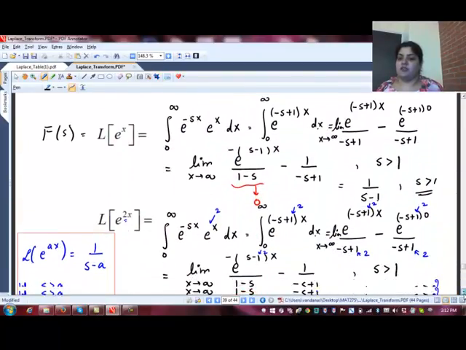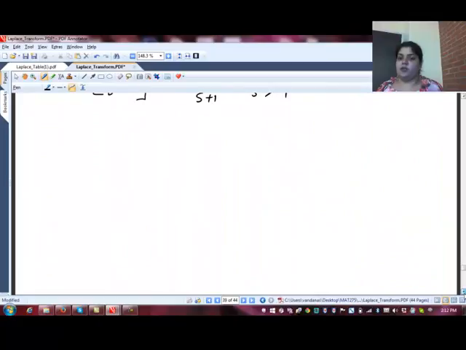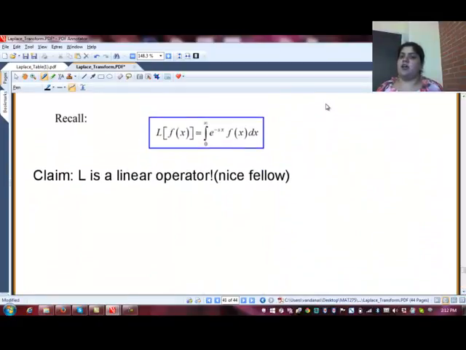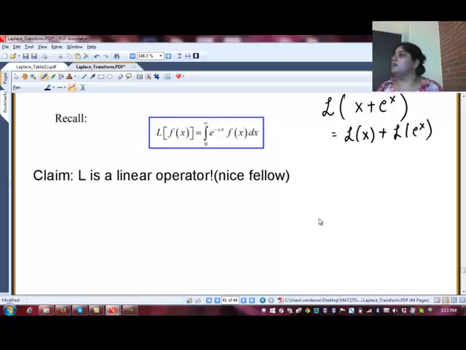Okay, so let's show why this is a linear operator. The reason this is helpful is, most of the time you end up finding a Laplace transform of, say, x plus e to the x. If you have to find the Laplace transform of this, you don't have to put this back in the definition and integrate it. What you can do is find them separately and add them.